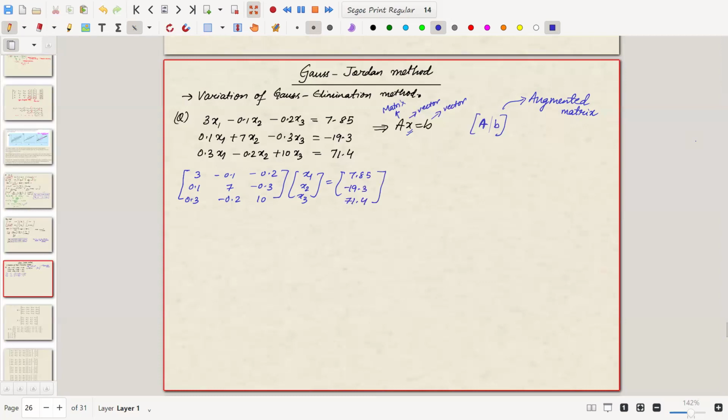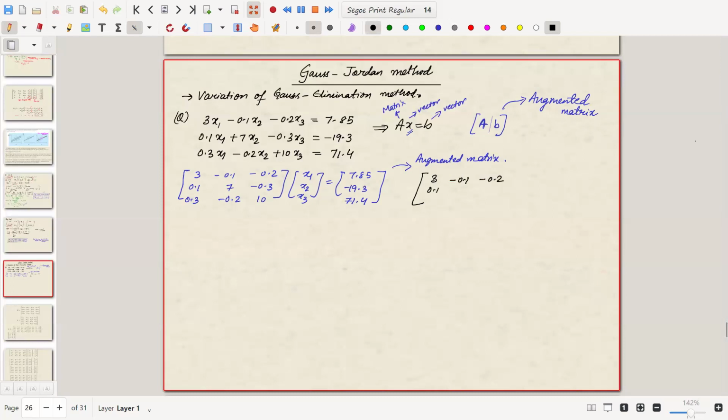Okay, got this idea? What I'm telling you is to create an augmented matrix. What should the augmented matrix be? The augmented matrix looks as 3, minus 0.1, 0.2.